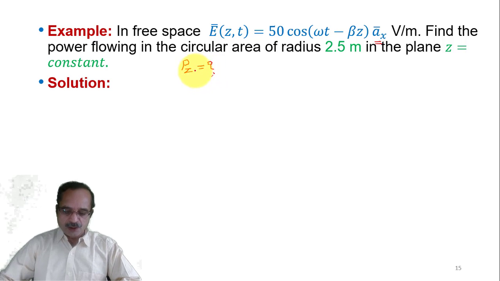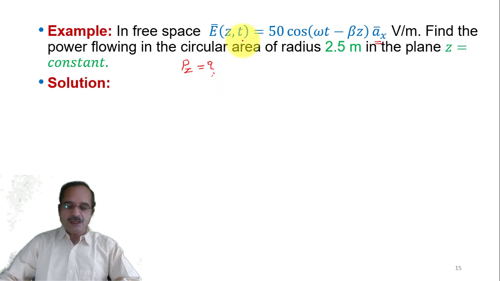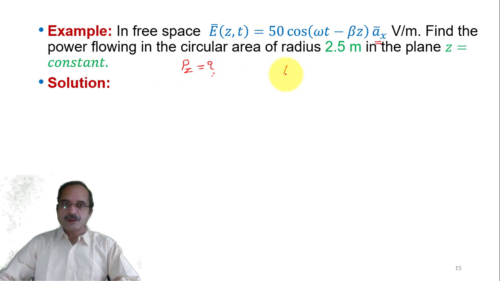First we'll find the average power density, and then multiply it by the surface area, and we'll get the answer. Now E is given here, and we know the ratio of E upon H is eta, the intrinsic impedance.